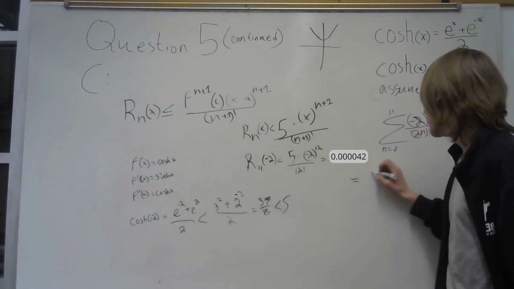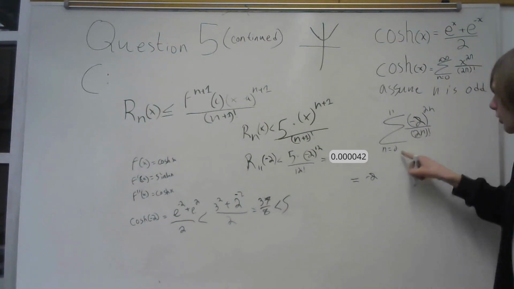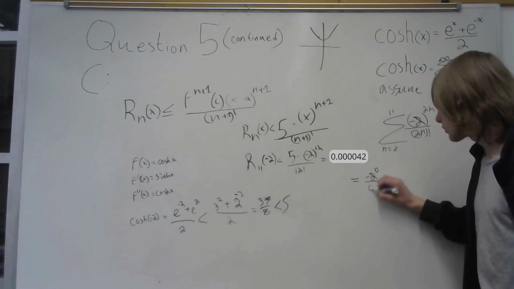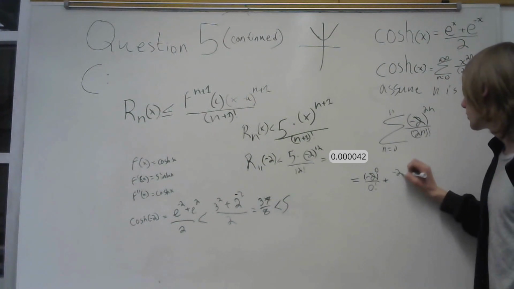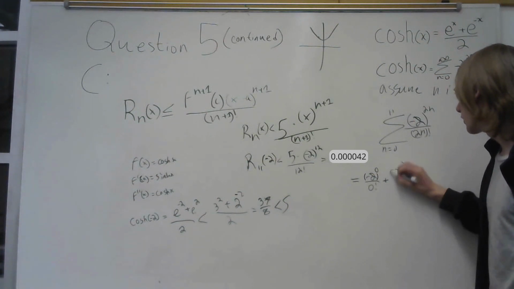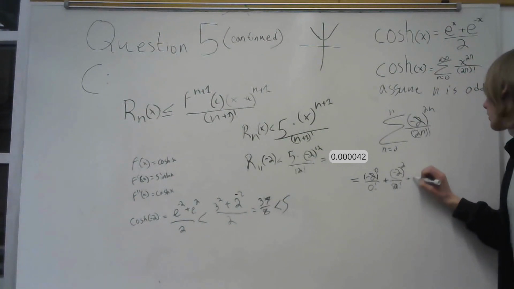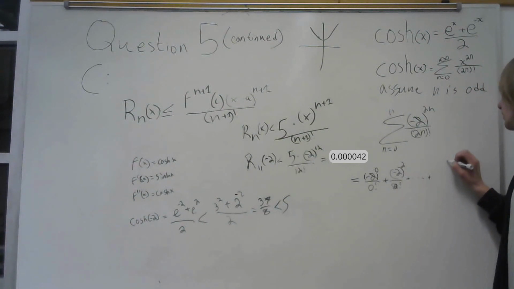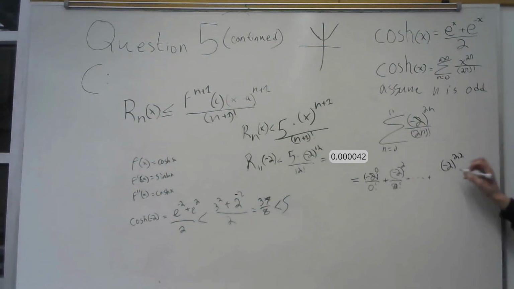This whole series is equal to -2 to the, when n is 0, it's just to the 0, over 0 factorial, plus, when n is 1, it's -2 to the 2 over 2 factorial. And then we're going to keep going until we get to -2 to the 22, because it's 2 times 11, over 22 factorial. And every single one of those we can do on a little calculator.